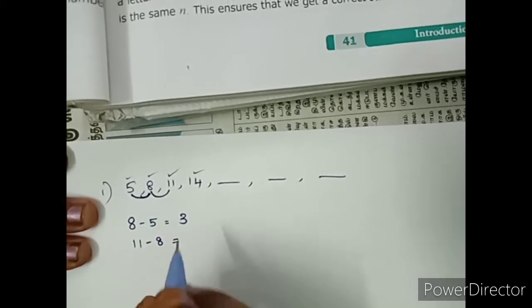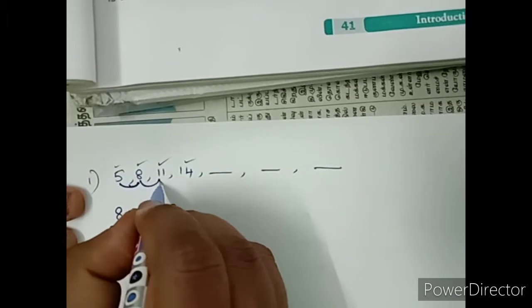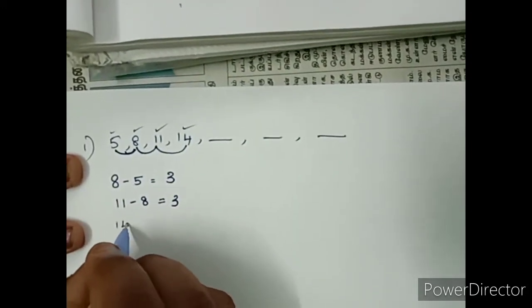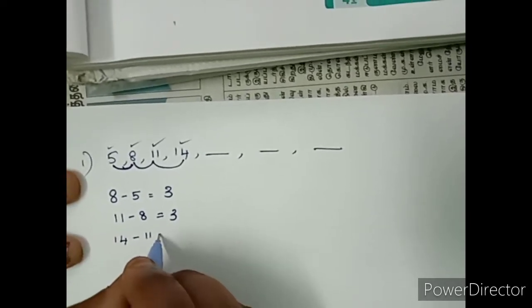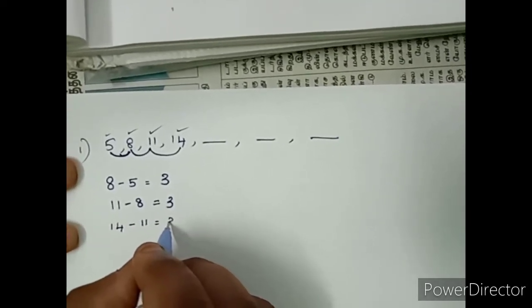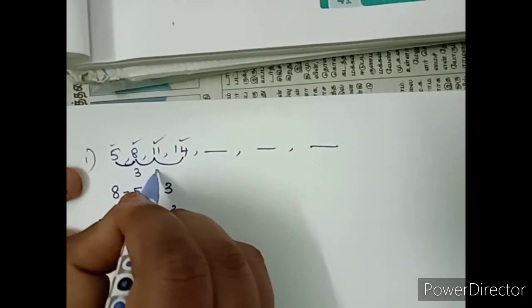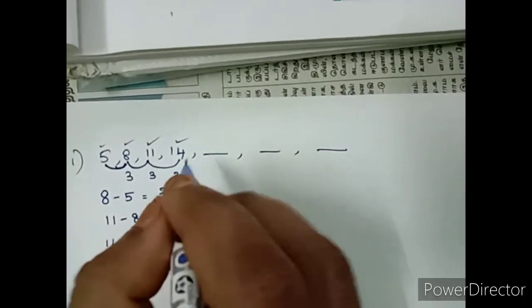So 11 minus 8 is again 3. We'll check with the other 2 numbers also. The bigger number is 14, the smaller number is 11. So 14 minus 11 is 3. So by adding 3 to each number, the pattern is getting complete.